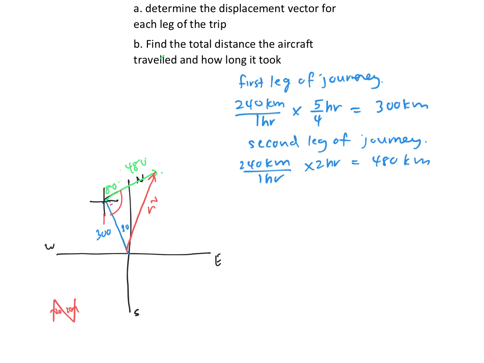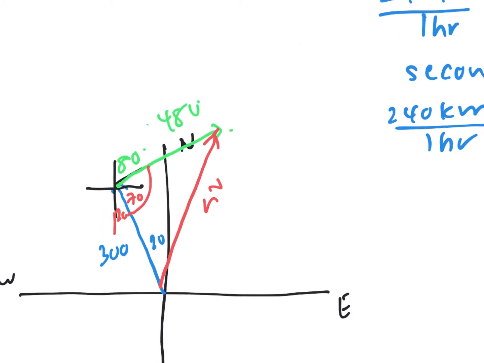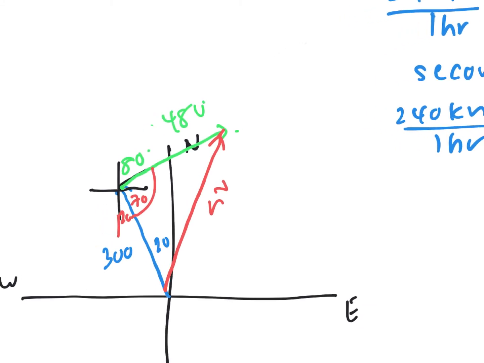Which makes this 70 because we have a right angle, with the south and east quadrants. And then if this is 80, this is 10. So the angle in between is 70 plus 10, so a total of 80.